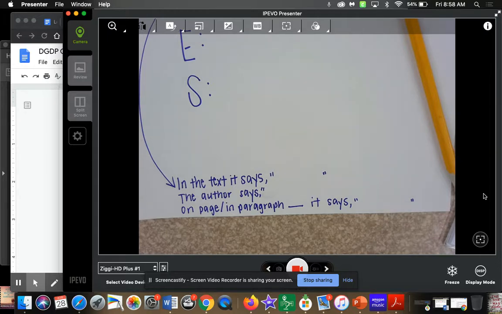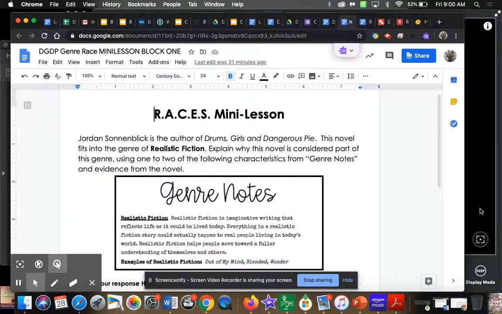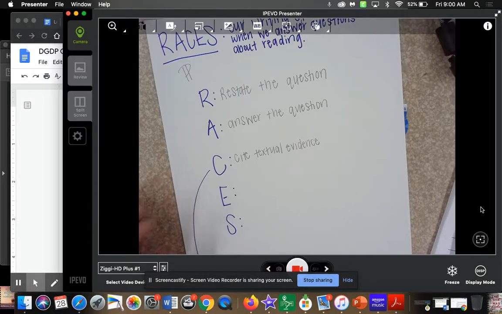This is where you're going to pull a quote from your book, from your paragraph, from your story, and support your answer. So we have restate the question, answer the question, cite our evidence. That means we're going to pull a quote from the text to support what we said. Then we're going to explain.